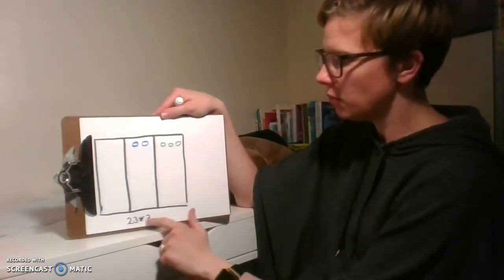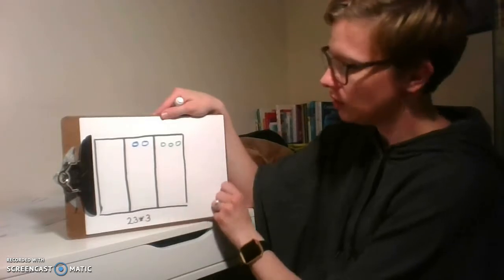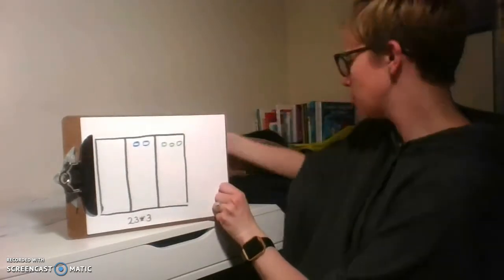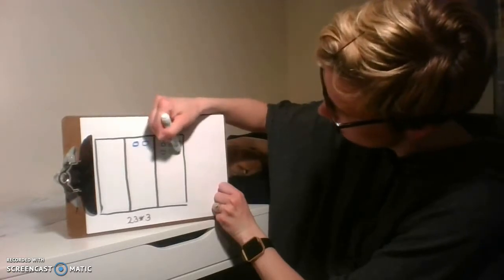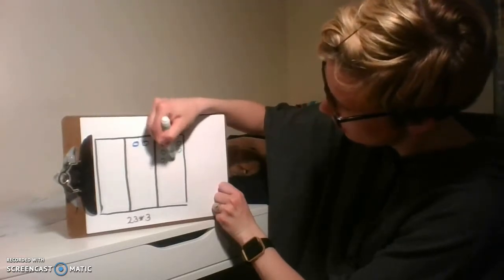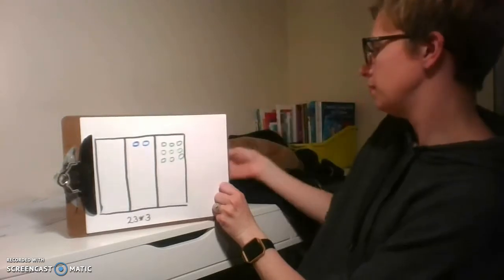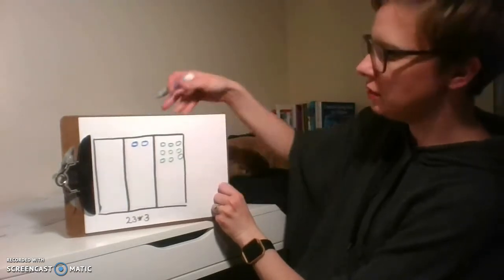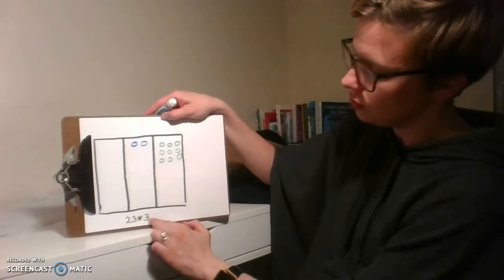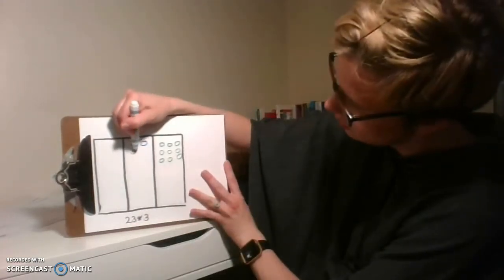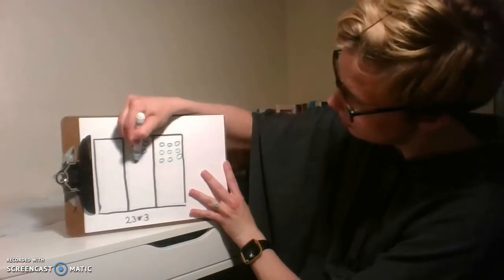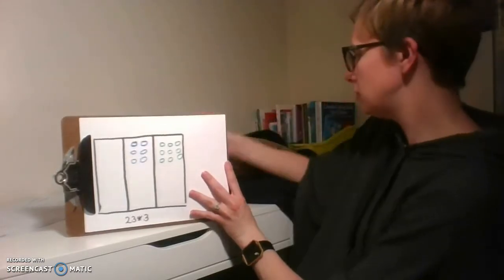So in my ones place, I have 3 times 3 ones. 3 twice, 3 3 times. Then in my tens place, I have 3 times 2 tens. So that's 2 times and 3 times.